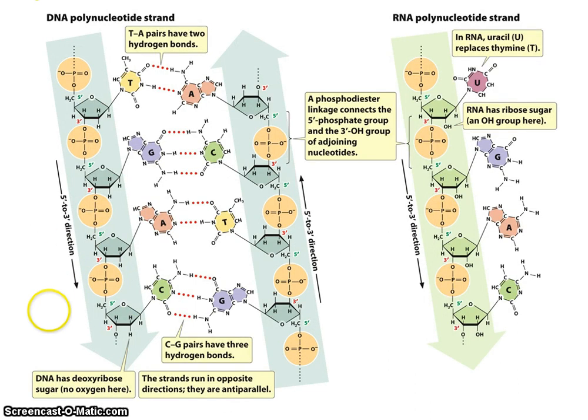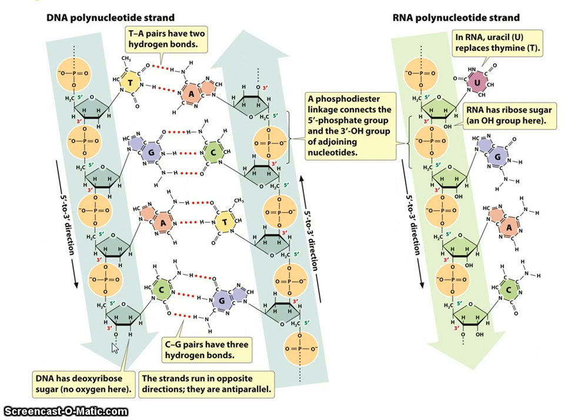So if you have a growing strand, let's say here's the end of our strand, here's our OH group, the new phosphate is going to come up and interact with that. That's why things are always added to the 3' end.